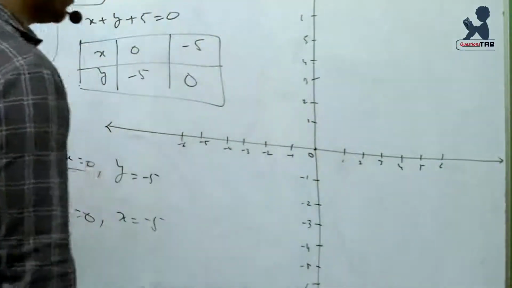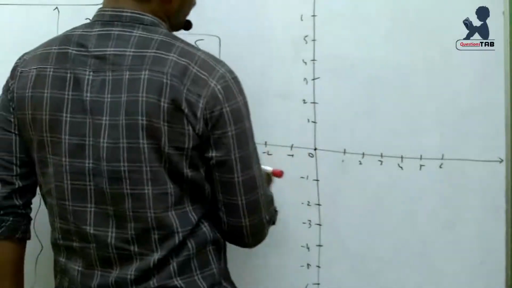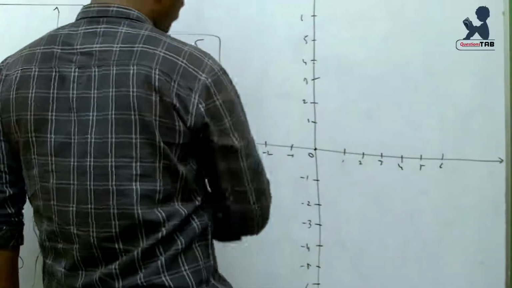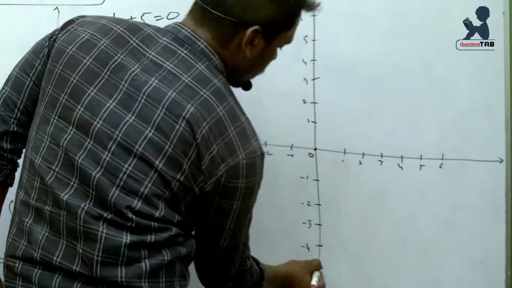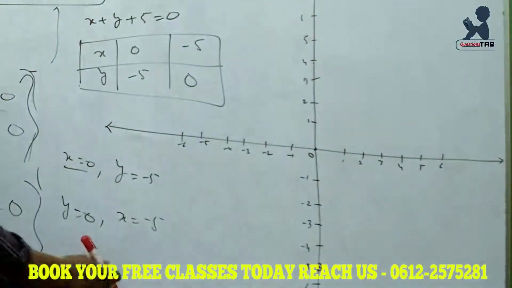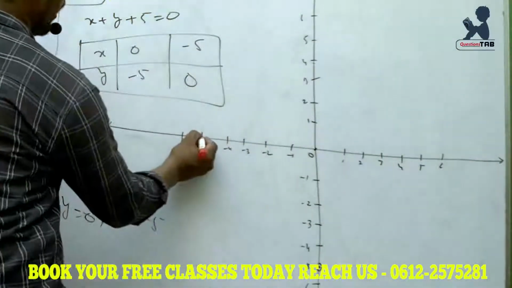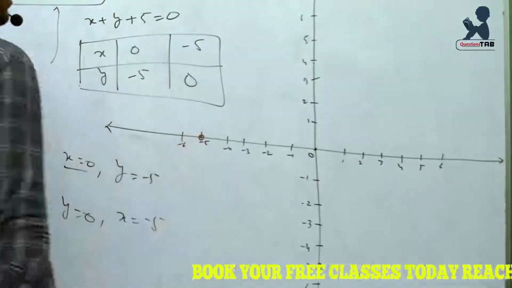So for x equals 0, that is the y-axis, our y is nothing but minus 5, and for y equals 0, that is nothing but the x-axis, our x is this.